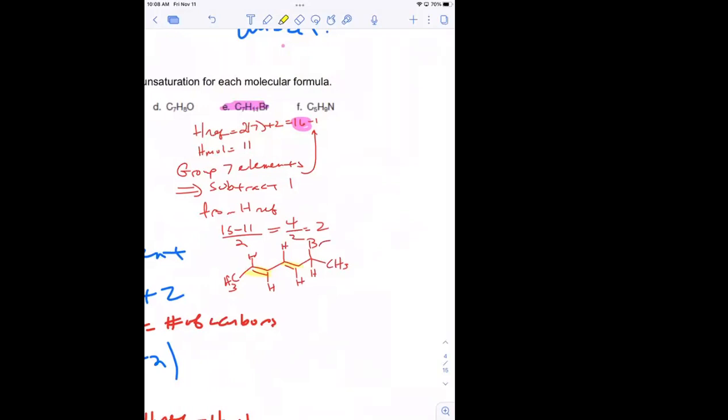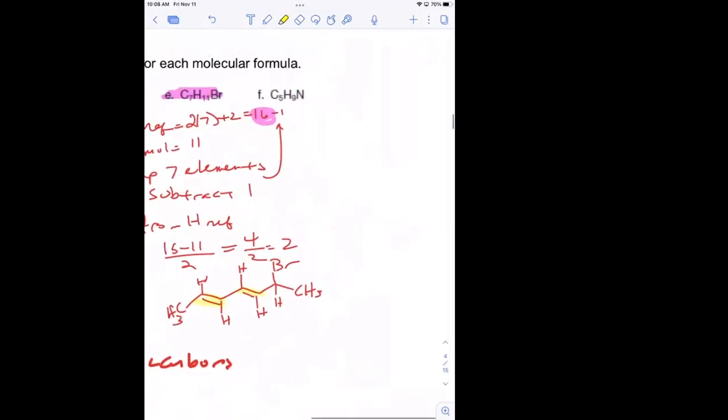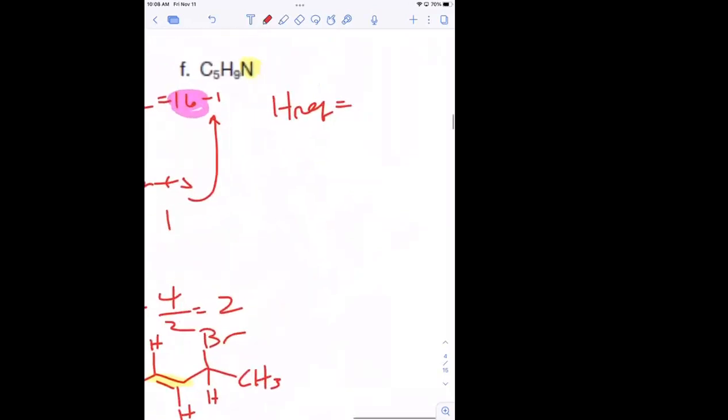Let's look at F, because this is another instance where I have a group 5, I have a nitrogen present. So that changes the rules a little bit as well. Right, so H rep is 2 times 5 plus 2.